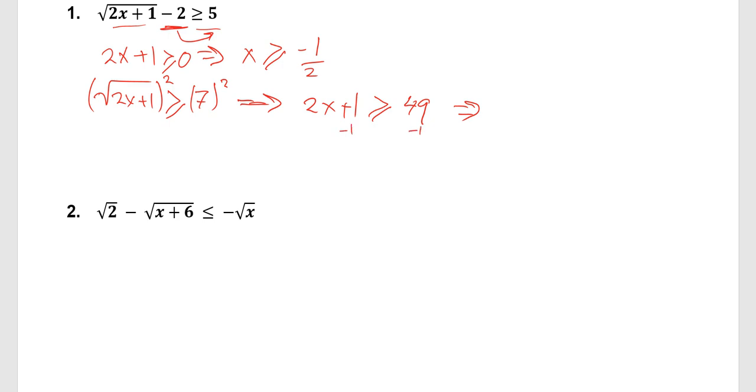Subtract 1 and divide by 2. So 49 minus 1 is 48, divided by 2 is 24, so x is greater than or equal to 24.